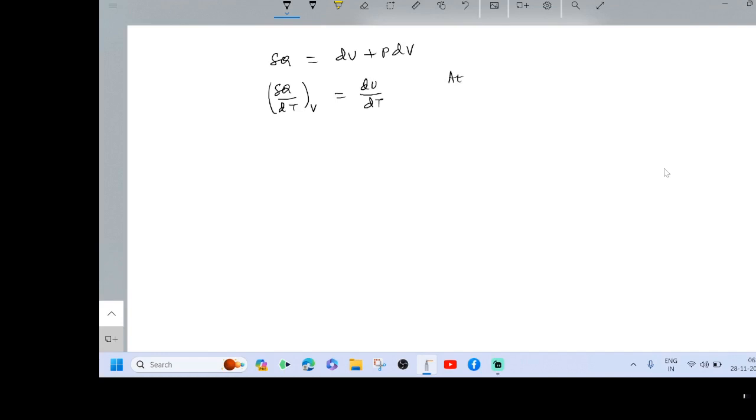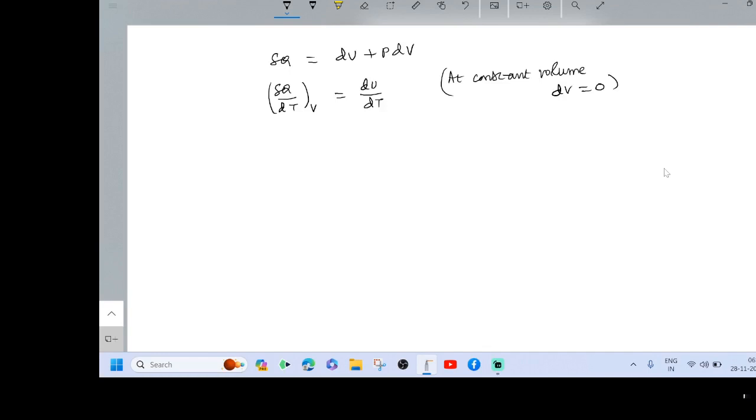At constant volume, dV = 0, the change in volume is 0. In order to maintain the volume of the system as constant, we are applying external pressure, so the second term is 0.